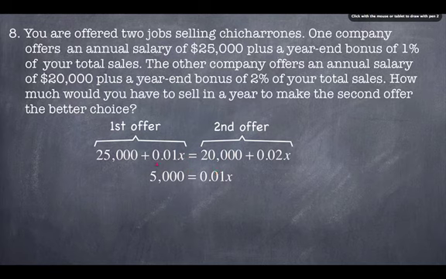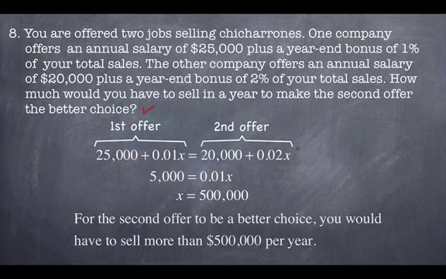Take away 0.01x from both sides, and you end up with this. At this point, divide both sides by this value here in front of the X, and you end up with the following X value. So to answer the question that you have here, for the second offer to be a better choice, you would have to sell more than $500,000 per year. A lot of money.